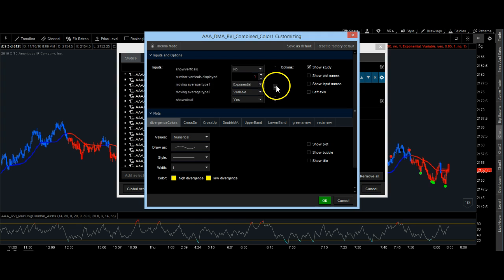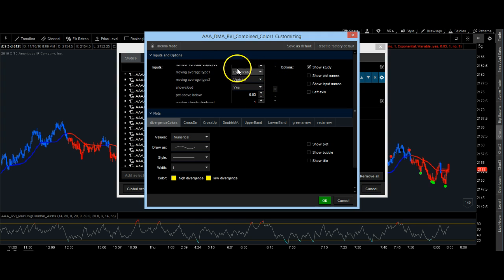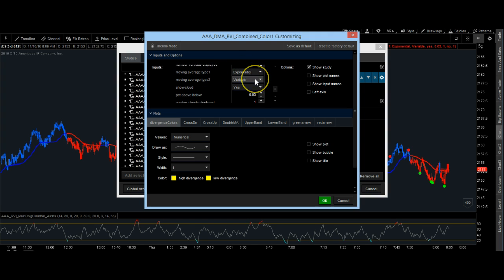The moving average type 1 is going to be exponential, and type 2 is going to be variable. Make sure it's those two. But if you just upload this chart and save all the settings, everything should come in and be saved exactly as is.